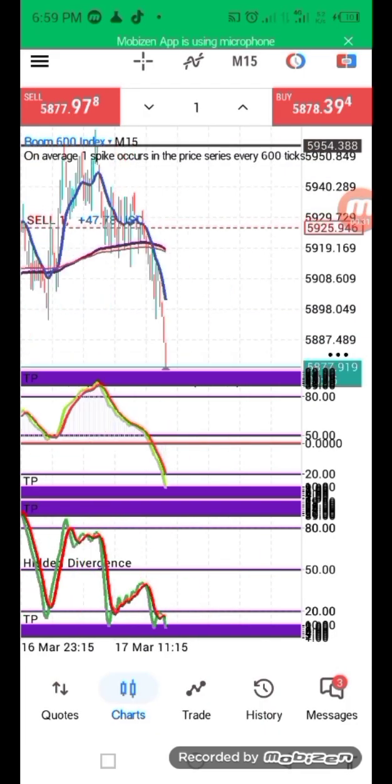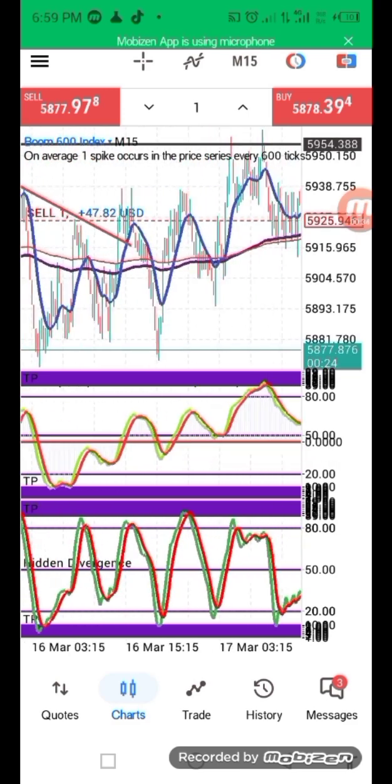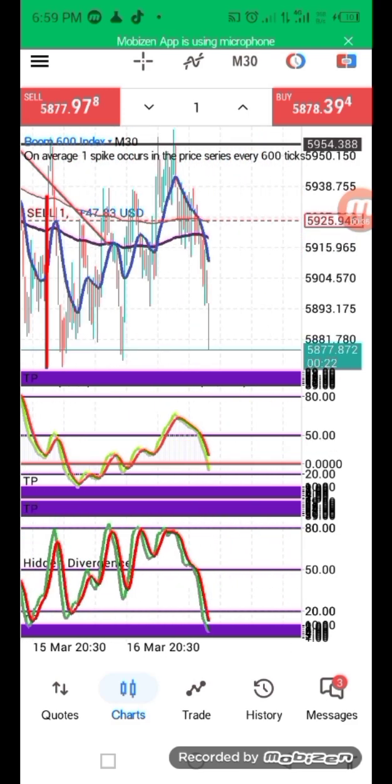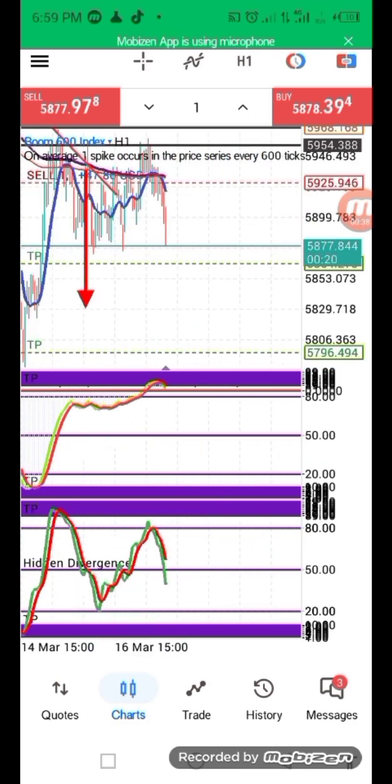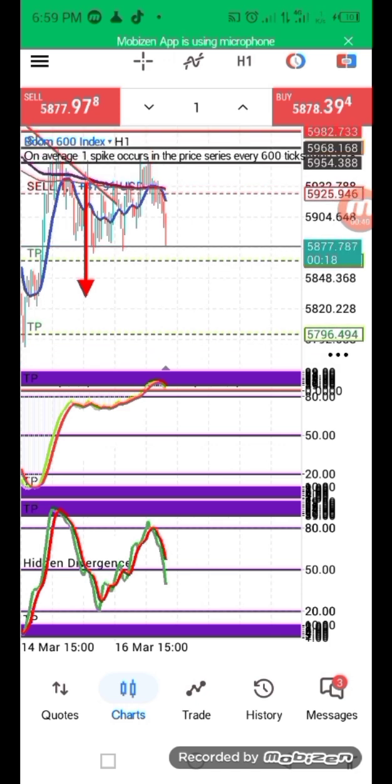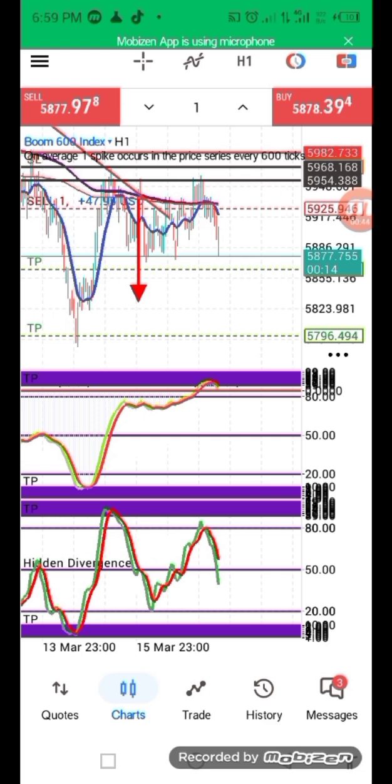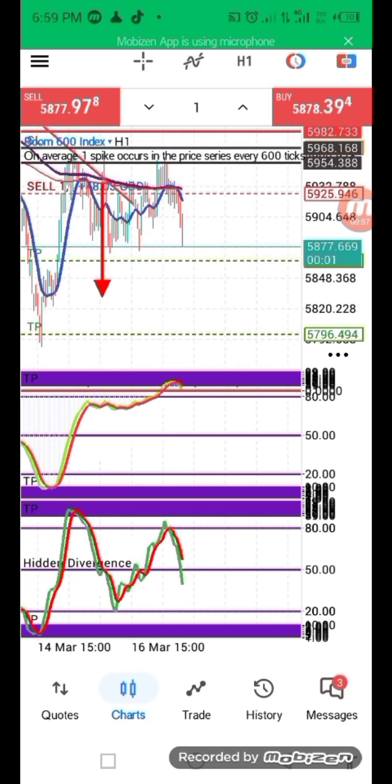The market has been consolidating. TP1 has been hit, but I'm still holding because I know that my TPs will be hit before my stop loss can be broken. This is the Unbreakable SL strategy.